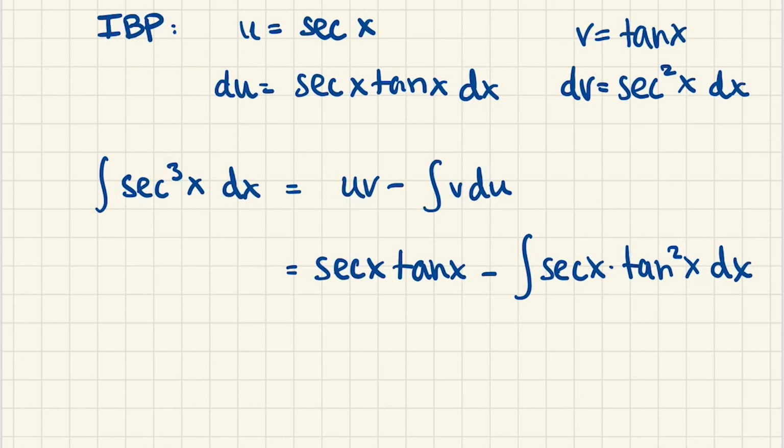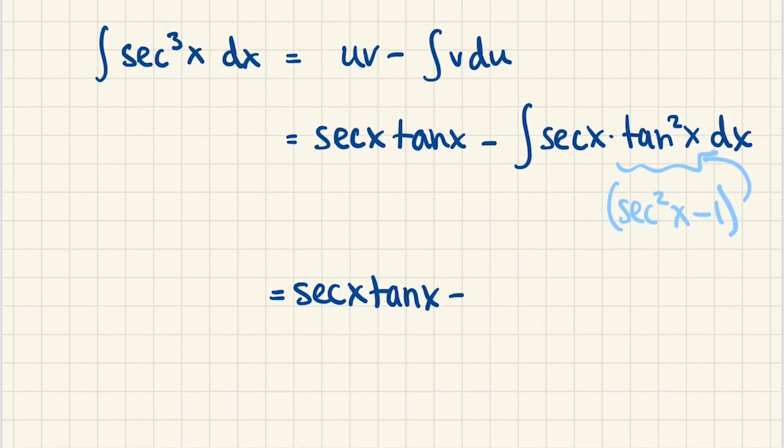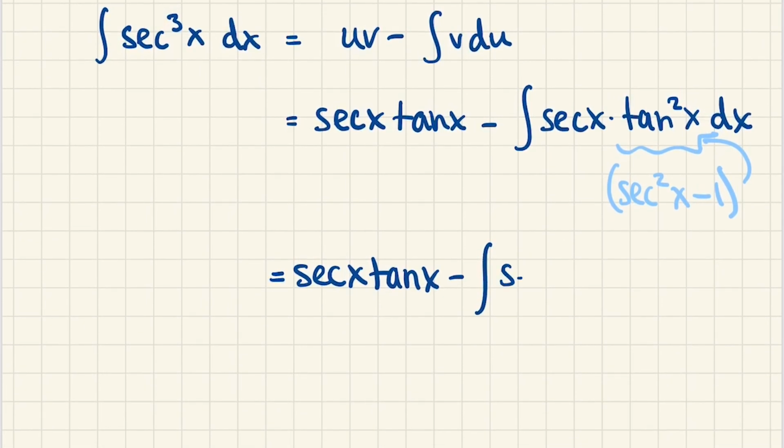Okay, well, in this case, we can get a little creative and rewrite the tangent squared as secant squared minus 1. So what we really have is this is equal to secant of x tangent of x minus the integral of secant of x times secant squared of x minus 1.